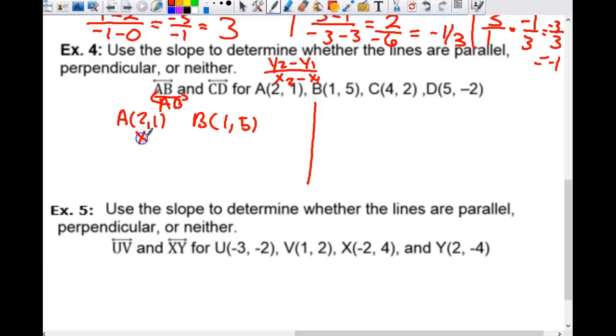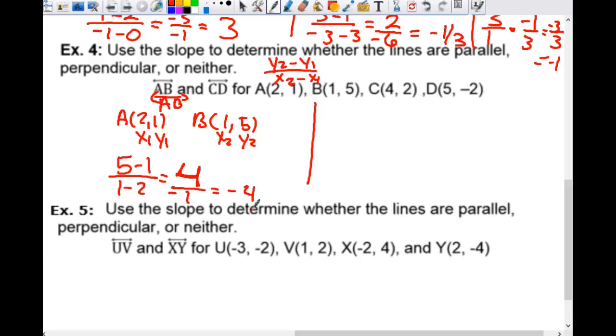We have x1, y1, x2, y2. So plug it in. 5 minus 1 divided by 1 minus 2. That ends up being 4 over -1, which is -4. Good job.